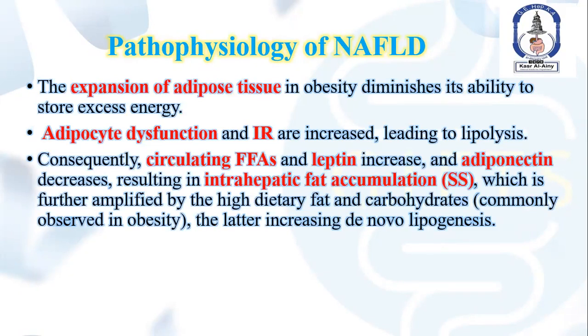This circulating free fatty acids and leptin increase and adiponectin decrease, resulting in intrahepatic fat accumulation, something called simple steatosis. This is further amplified by the high dietary fat and carbohydrates, of course, commonly observed in obese, and the latter will increase the de novo synthesis of lipid in the form of de novo lipogenesis.